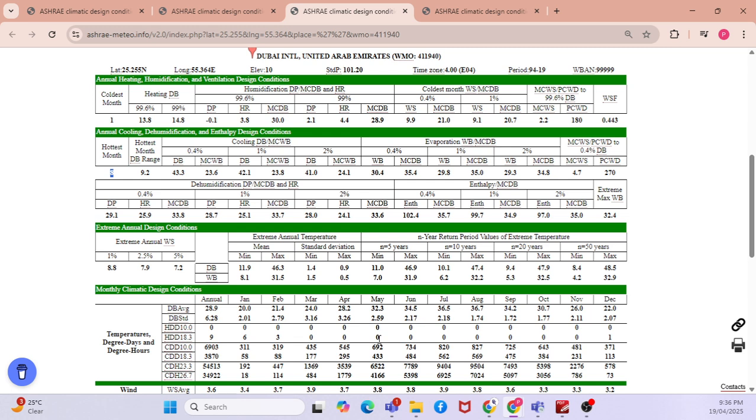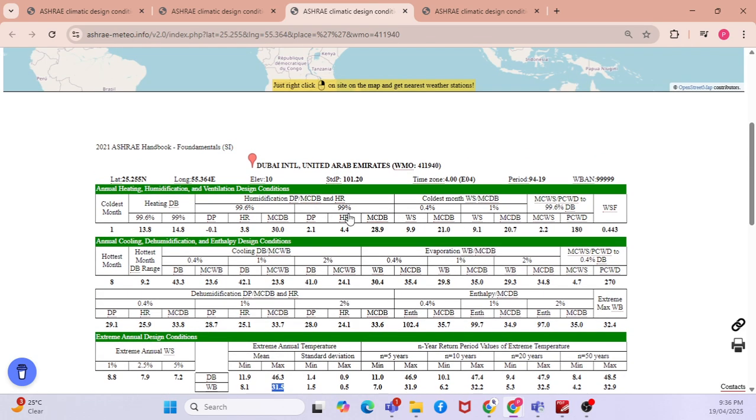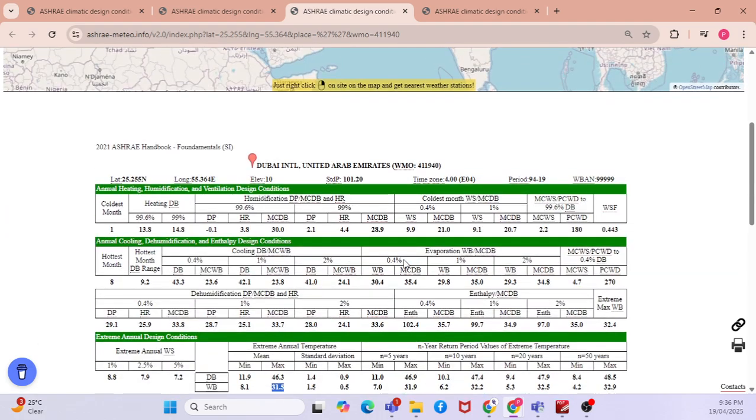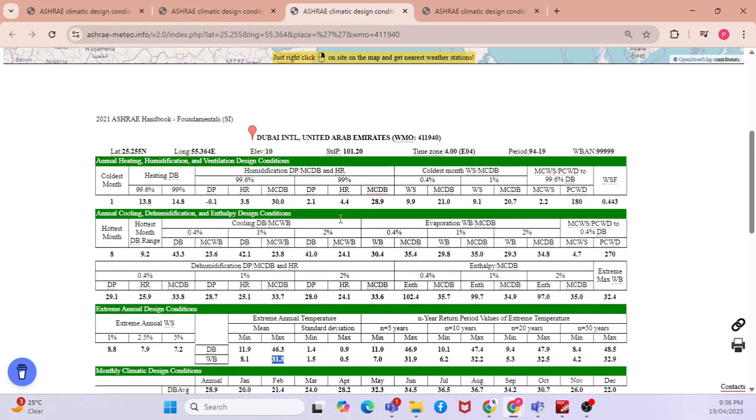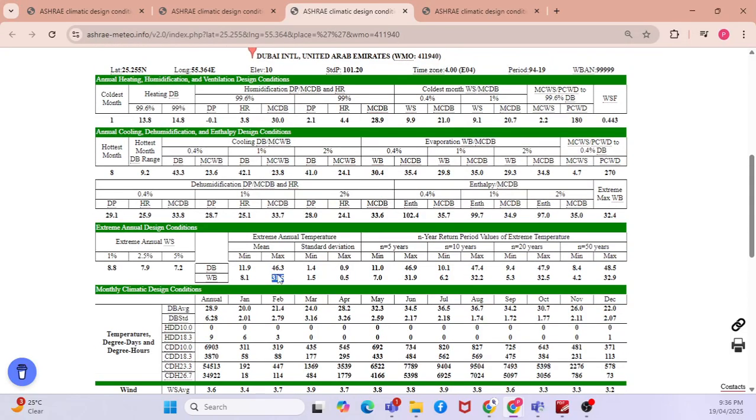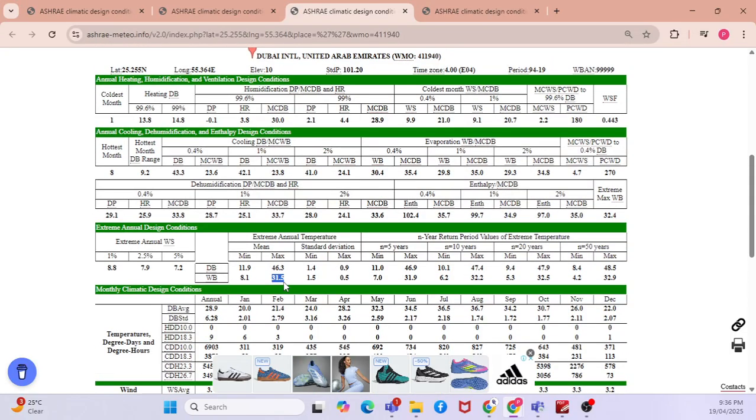So you know that in UAE the hottest month is August, right? So what is the external temperature? You can see the external temperature here, 46.3 and 31.5 degrees Celsius, right? This is based on the 2021 ASHRAE Fundamentals. So this is your temperature, 46.3 and 31.5.